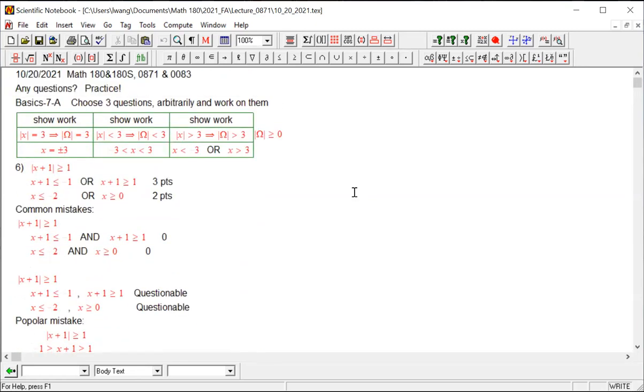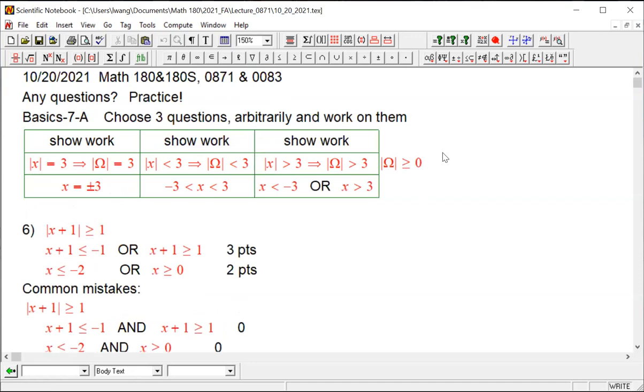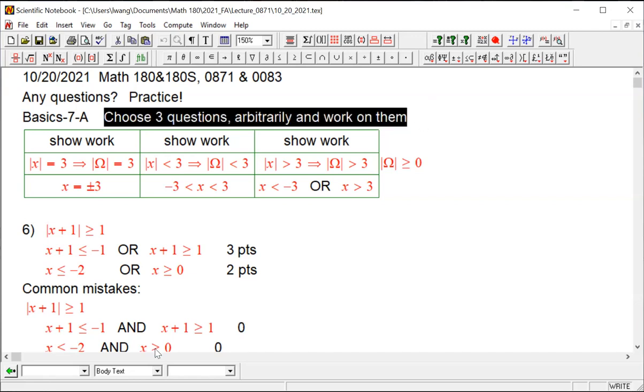Okay, so I want you guys to practice. As Farouk said, practice makes perfect, right? If you never touch a paper and pencil to do these things, of course it's rusty, and of course you're going to make mistakes. So I'm going to have you choose the questions of your preference. You choose 3 questions, or however many.